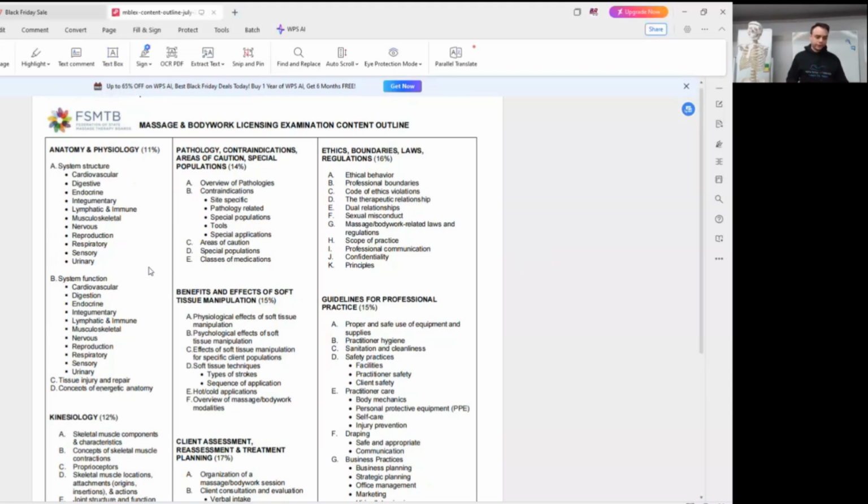Then you want to learn where the structures are. So for instance, like the digestive system, where are all the different organs in the digestive system? Where's the liver? Where's the small intestines? What are the parts of the large intestines, and so on and so forth, and also have a good idea of what those structures do.